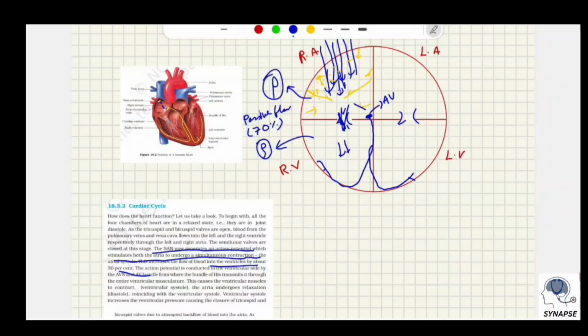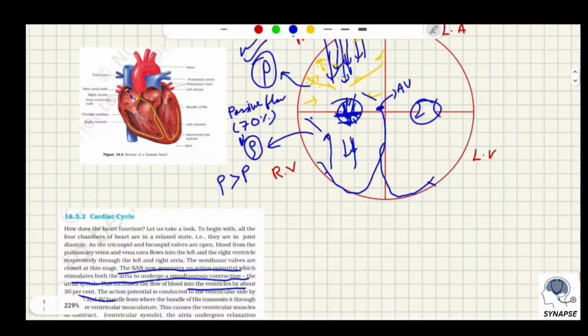As a result, the pressure rho has increased over the atrial pressure. As this pressure increases, the blood will try to go back, and at this time the valve closes. The tricuspid valve closes, and similarly the bicuspid valve closes on this side too.